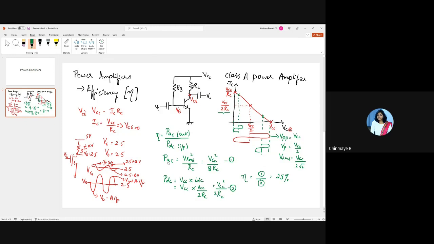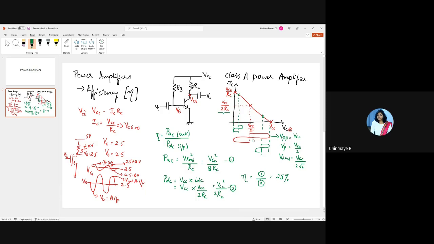But what about the AC output power? That is the output RMS voltage square divided by RC. So during its maximum swing, we see that Vrms is equal to VCC by 2 root 2. Substituting that here, if you calculate the efficiency, you end up getting 25%, which means this is the maximum efficiency of a class A amplifier.